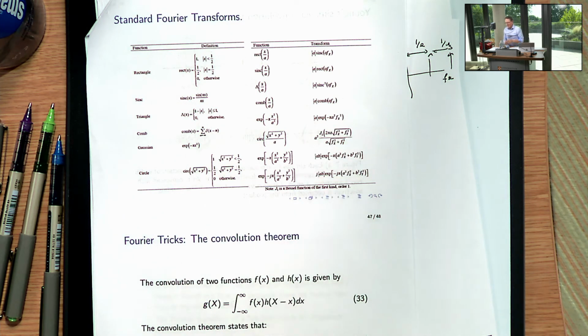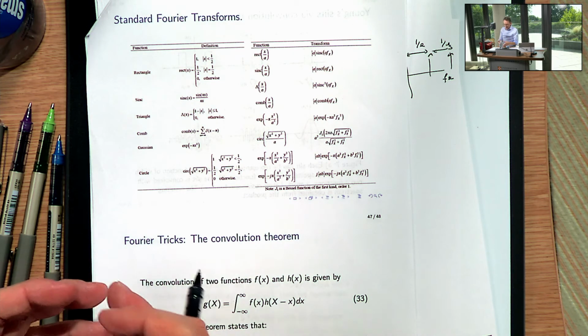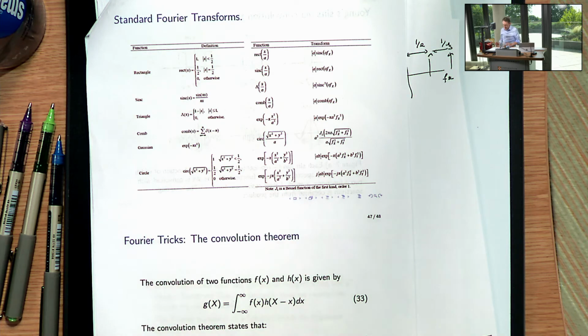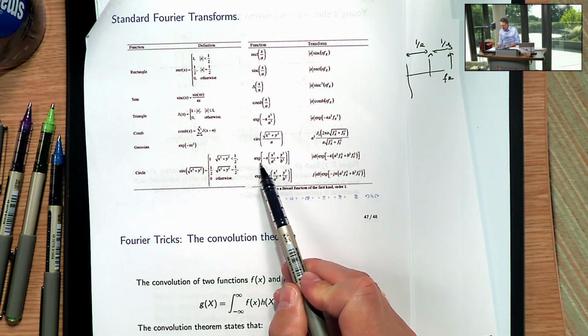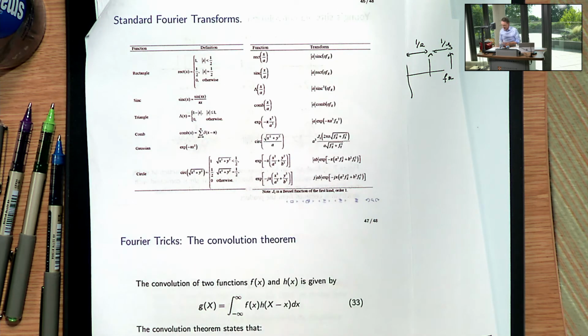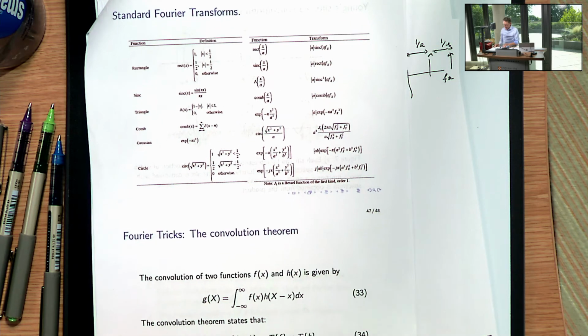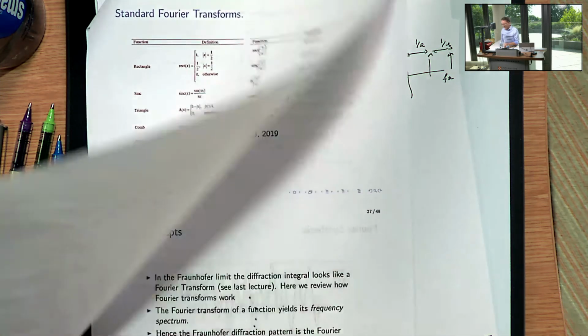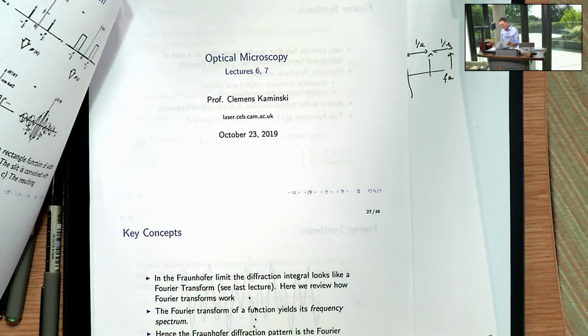So it's really just worth knowing a few, like a sinc, a rectangle. Other interesting ones are the square, the rectangle we've done, and of course the circle, which is a Bessel function, right? So here you see that if you have a circular top hat, you get a Bessel function in Fourier space.